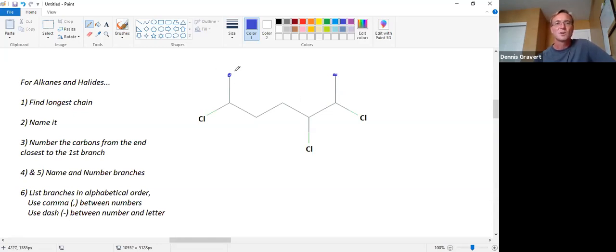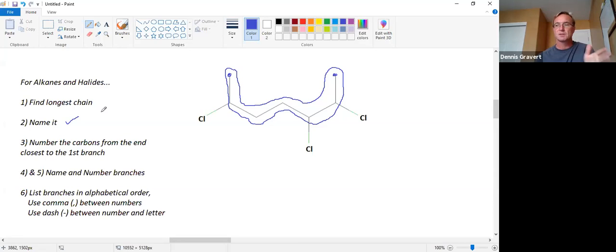And so there's 1, 2, 3, 4, 5, 6, 7 carbons in the parent. I like circling it. You circle the parent, stuff that's not circled are branches. Okay, 7 carbons. Step 2, what's the name of 7? The women's Olympic event is the heptathlon. So I remember it. This is heptane.